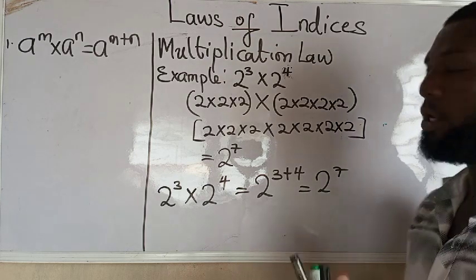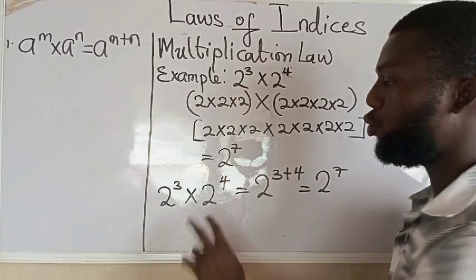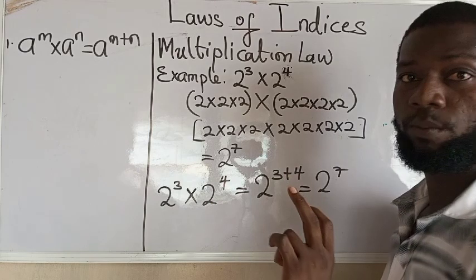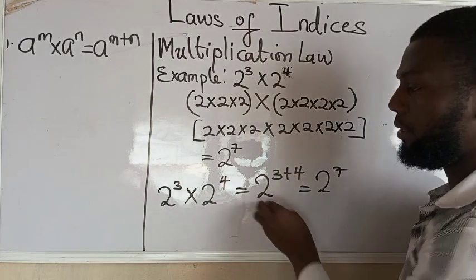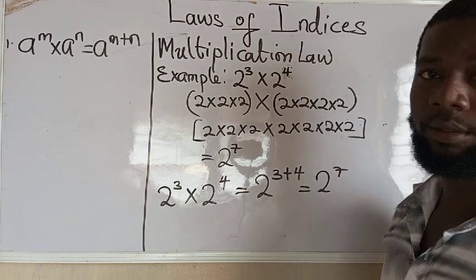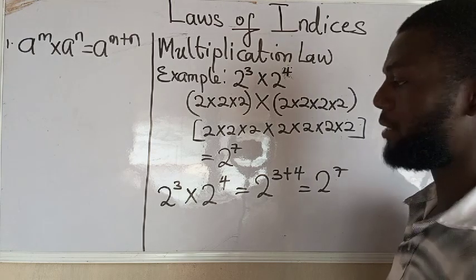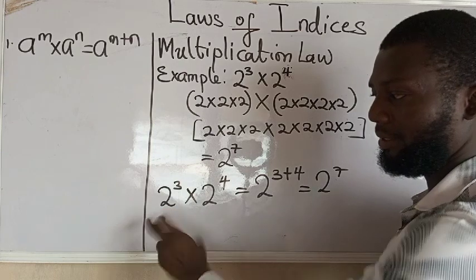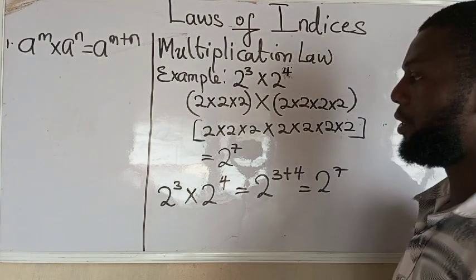Now, the multiplication law states that when you have two equal bases, like these two and these two, with different powers, you pick one of the bases and you add the powers together. Let me say this again. The multiplication law tells us that when you have bases that are the same, you pick one and you add the powers together.